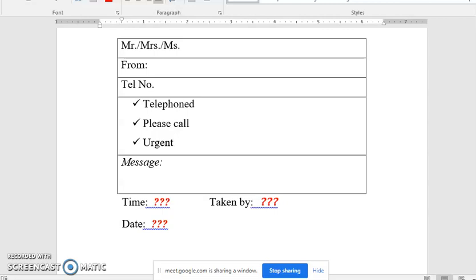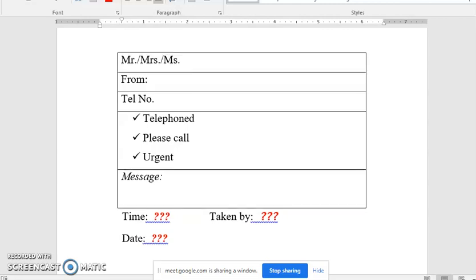So as the receptionist, you are required to use this form to take the relevant details. So now we are going to complete this form to show what message was received by you, the receptionist, and the message that you have taken, which is going to be delivered to the recipient. Okay? So the first, for whom? Right.